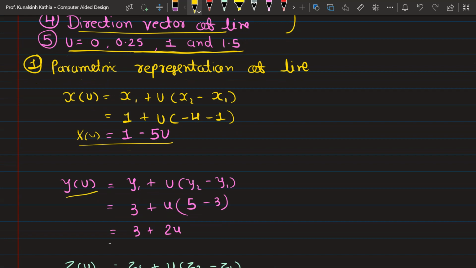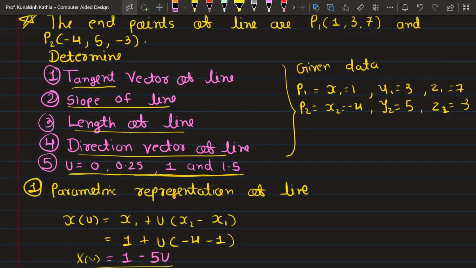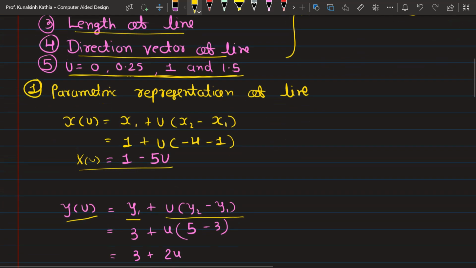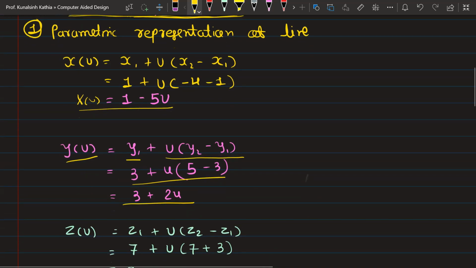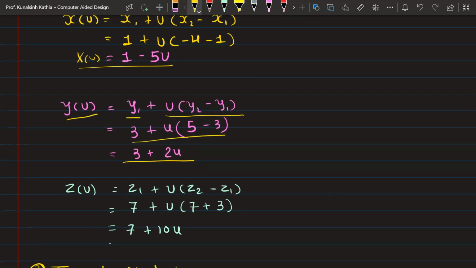Similarly, y(u) is y1 plus u (y2 minus y1). I am finding those values from here: y2 is here and y1 is here. Replacing those values, I get the final parametric equation, which is 3 plus 2u. Next, z(u).